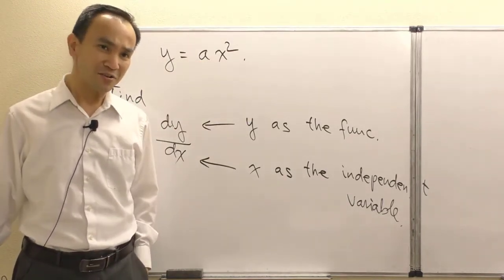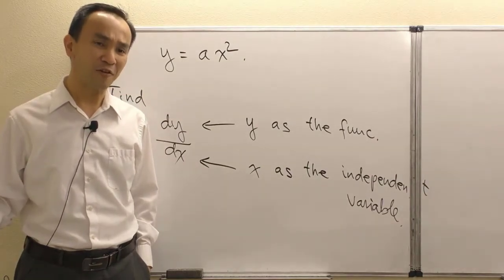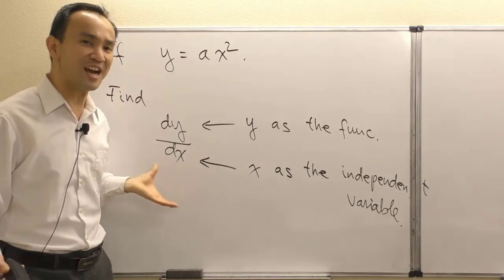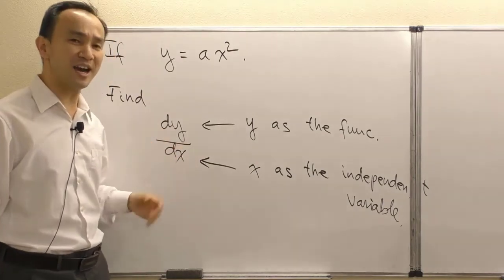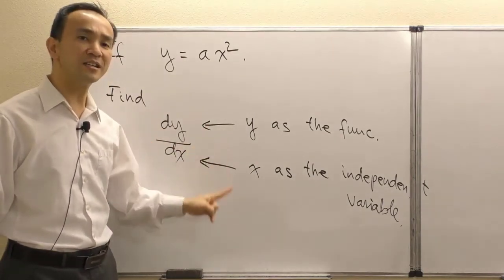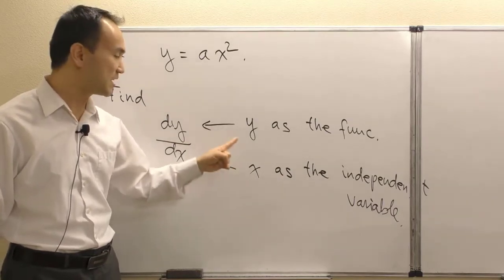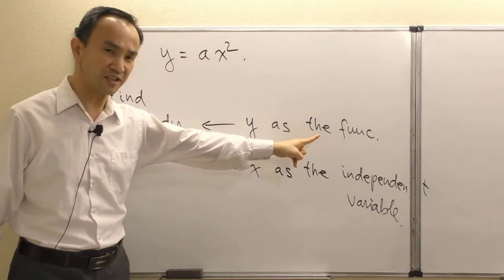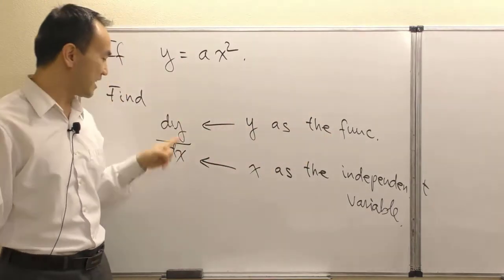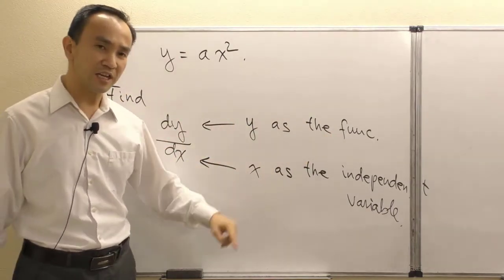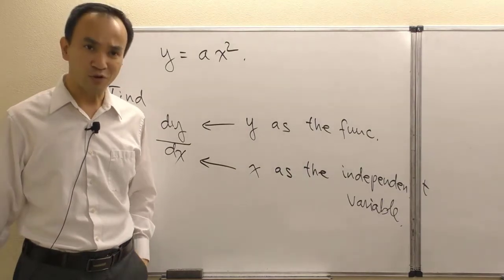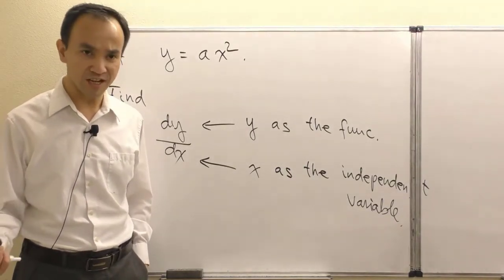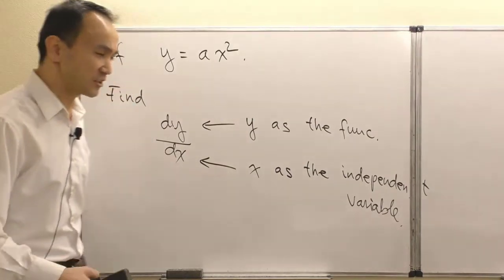So if we take a simply as a coefficient, and your instructor, or I, being the instructor here, ask you to find dy dx, and we have already understood clearly the meaning here, that y is understood as a function and x is understood as the independent variable, then now we can proceed easily with our understanding of how to find a simple derivative.